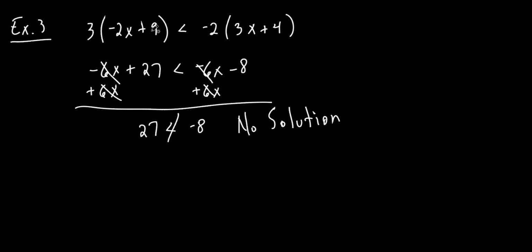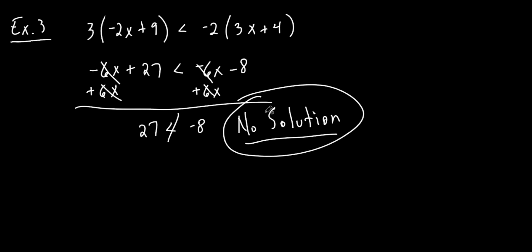There is no x that exists in the world that makes this left side less than this right side. You can pick any number you want, and you're not going to find one that makes this left side less than the right side. Okay? That's no solution. That's my answer. That's what you would circle right there.